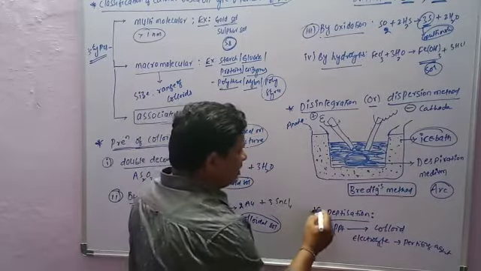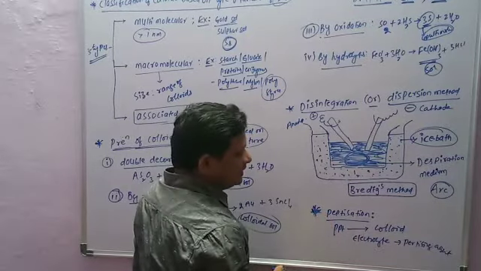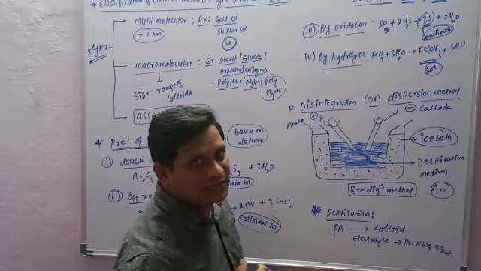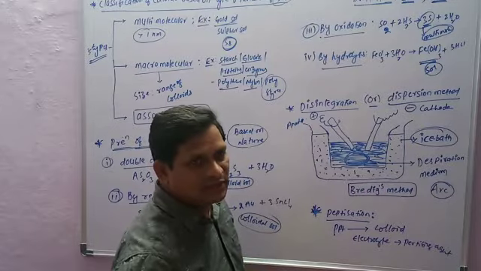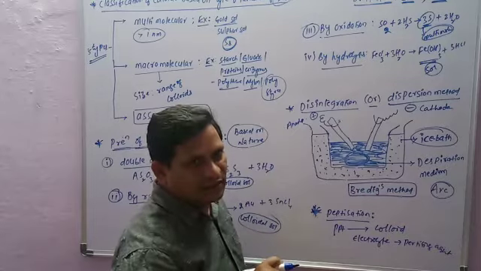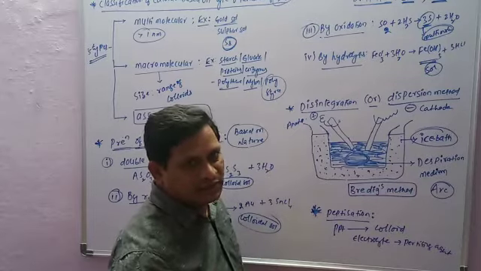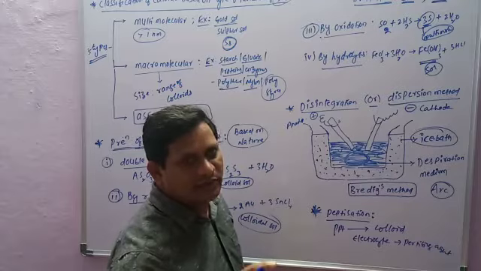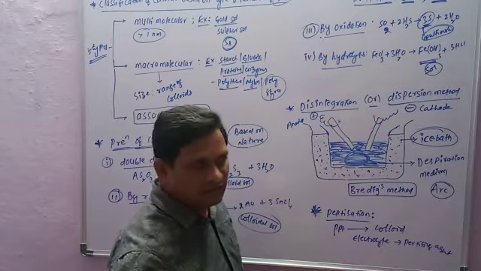The next preparation method is peptization. What is peptization? Generally in a chemical reaction, reactants are combined and give products. Some products are more soluble in water, some are less soluble. If less soluble products are obtained, then solute particles settle at the bottom of the container.